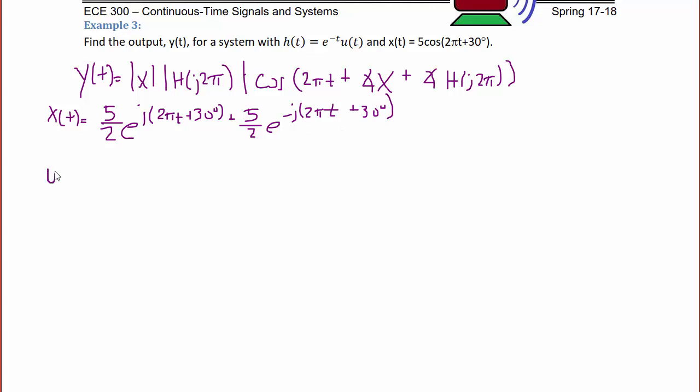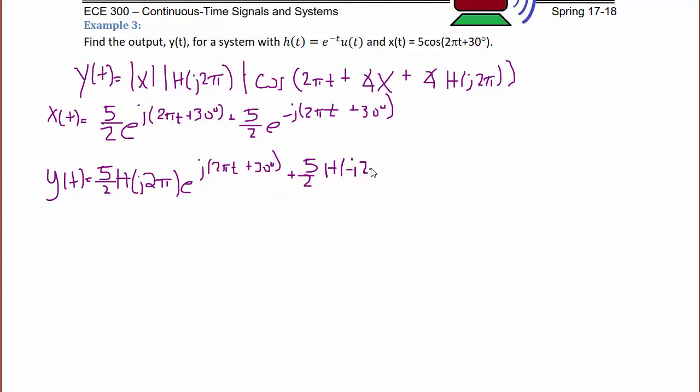And y of t is going to equal 5/2 H(j2π) e^(j(2πt + 30°)) + 5/2 H(-j2π) e^(-j(2πt + 30°)).